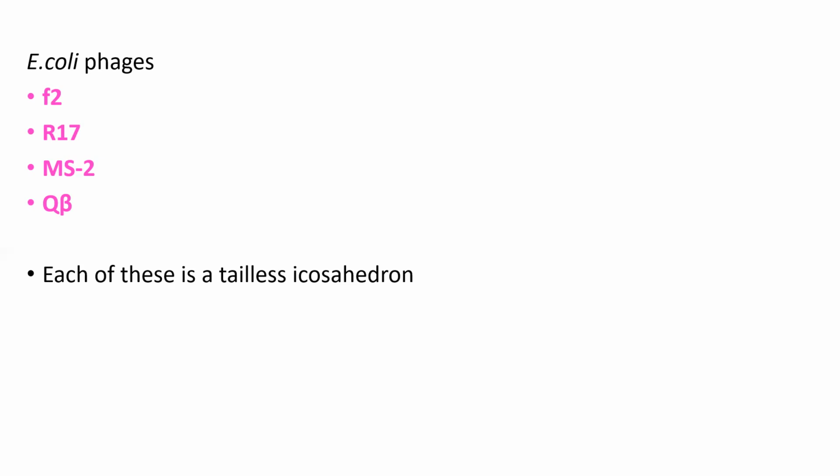That means these bacteriophages don't have a tail, they have an icosahedral capsid like phiX174. And these are the phages which infect bacterial cells having conjugative plasmids, and they infect bacteria by attaching to the pili encoded by that plasmid.